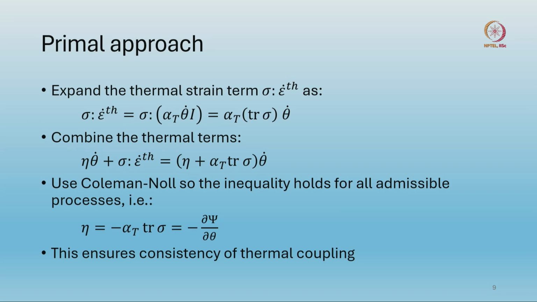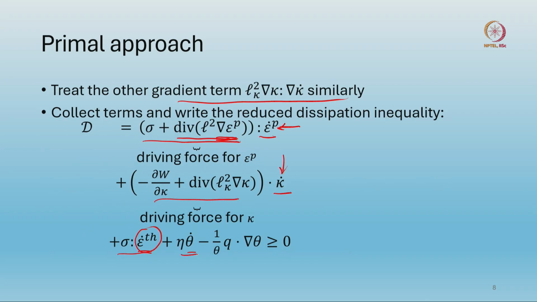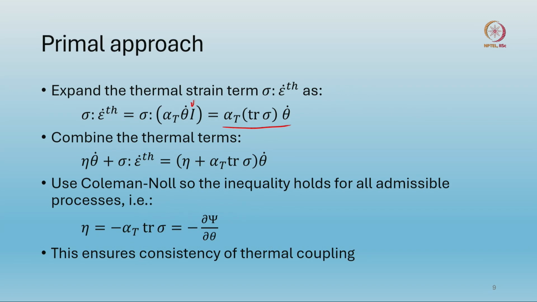There was an identity tensor there, so the inner product with sigma gives you the trace of sigma, and essentially you get this. Now combine the thermal terms together, because we have a theta dot from here. Earlier there was a theta dot only here, and now we have an extra theta dot coming from here too. So we can take theta dot outside, and this is the factor.